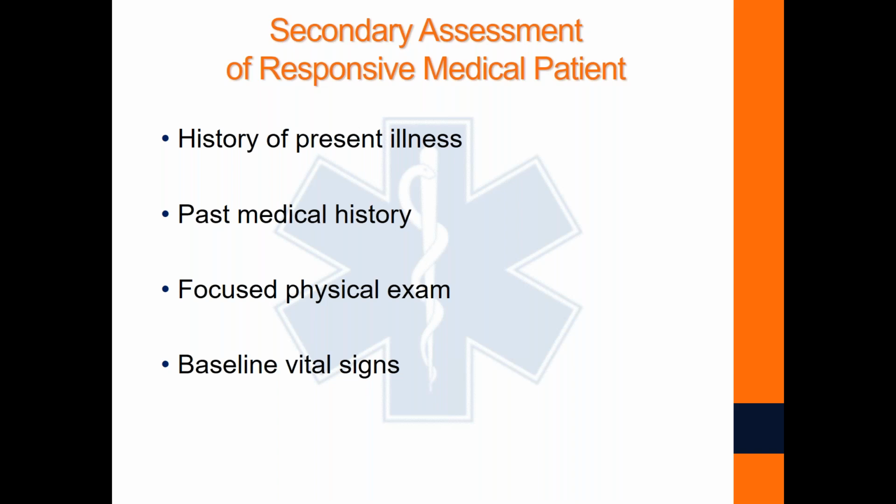We go right back through and check our interventions and make sure they're all still working. And assessing a patient is fluid. It is something that is continually going the entire time you are next to that patient, whether it's standing in their living room or sitting in your ambulance. You are constantly reevaluating this patient.